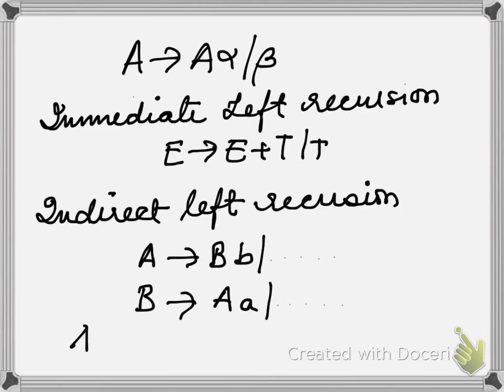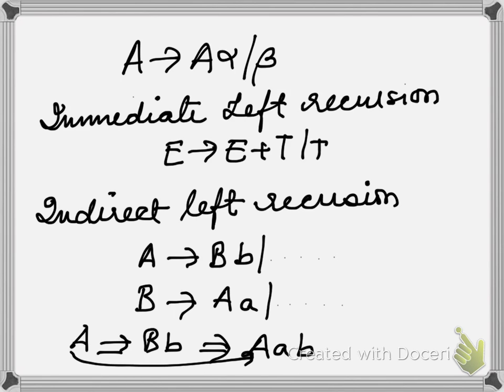A derives B, then B again calls A. So indirectly A is calling itself. This is known as indirect left recursion. So we have immediate left recursion and indirect left recursion. Normally in programming languages, indirect left recursion is not seen, so we don't have to consider this case. We'll consider only immediate left recursion.